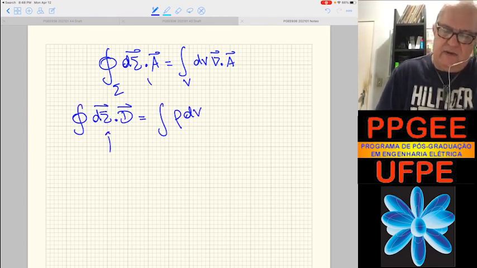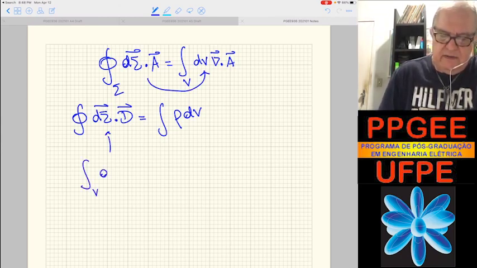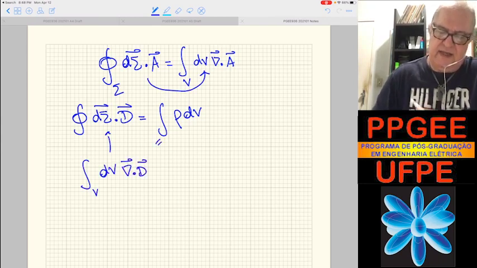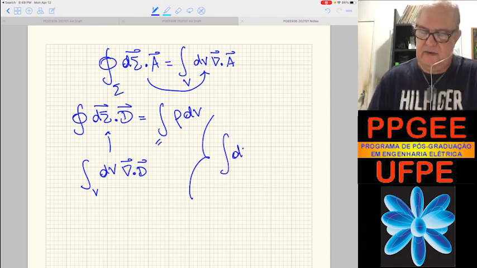So here we're going to use this property, Gauss's theorem. So it's the volume integral of divergence of D equals that. So these two equations can be combined into a single equation.